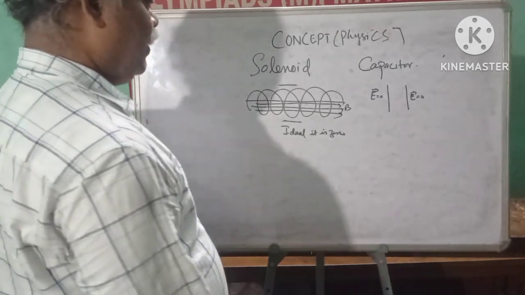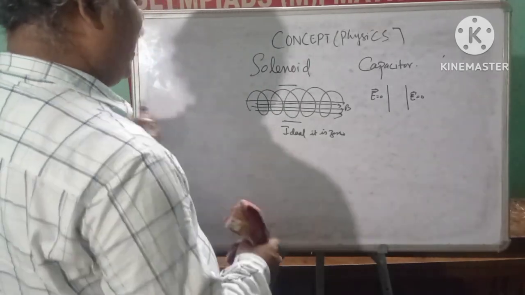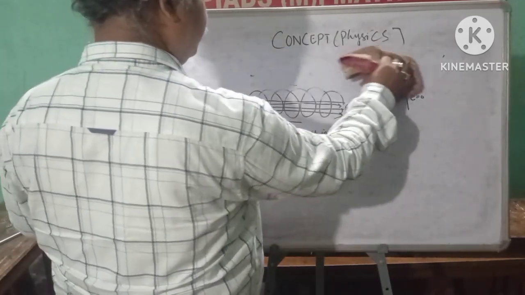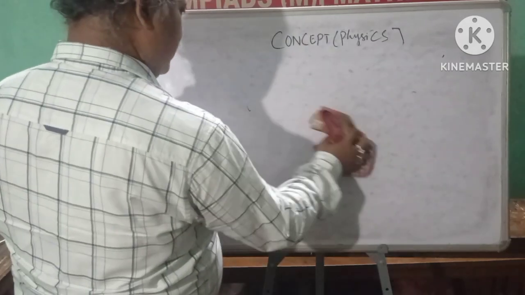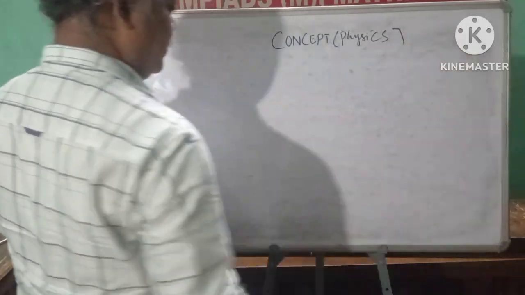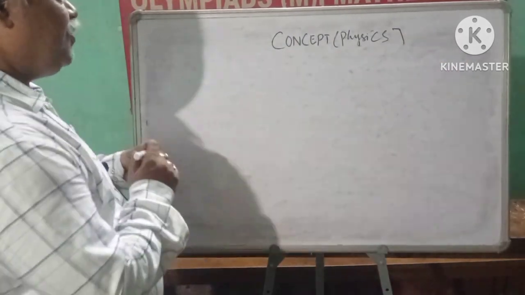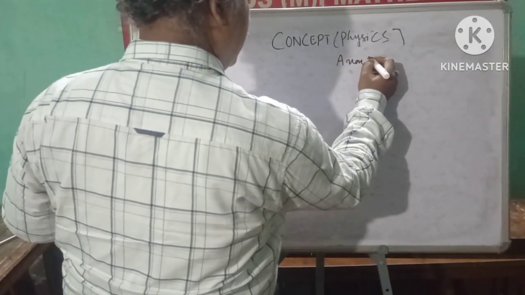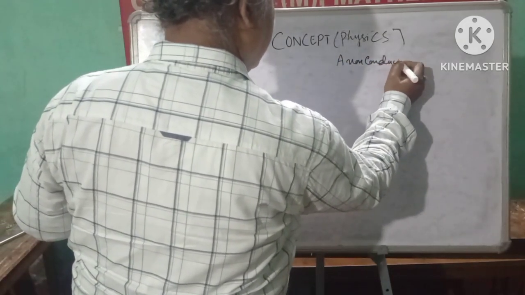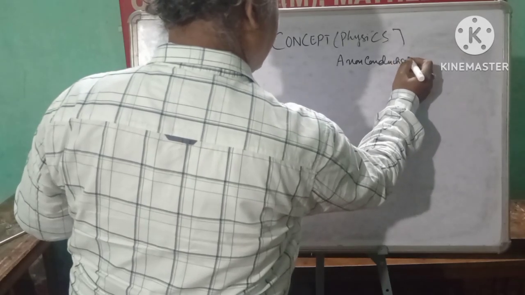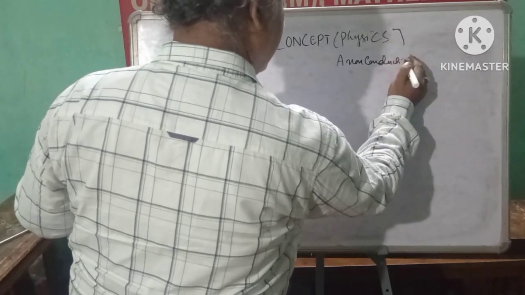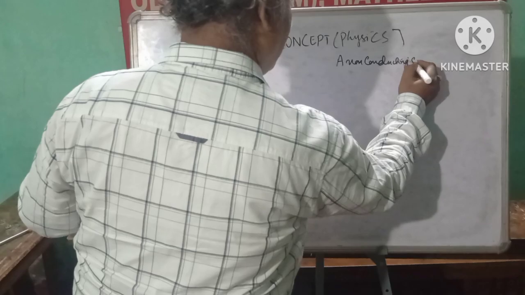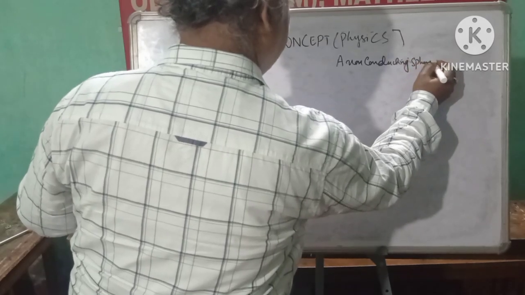That is, the magnetic field outside the solenoid is 0, and it is only inside the coil when current flows through it. So one more thing I left here is that I discussed a non-conducting sphere.